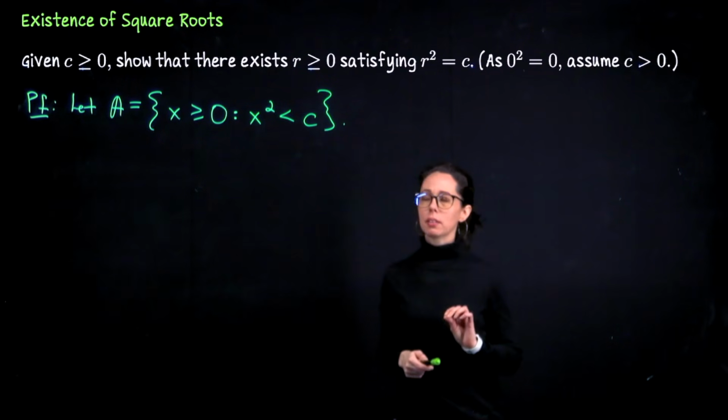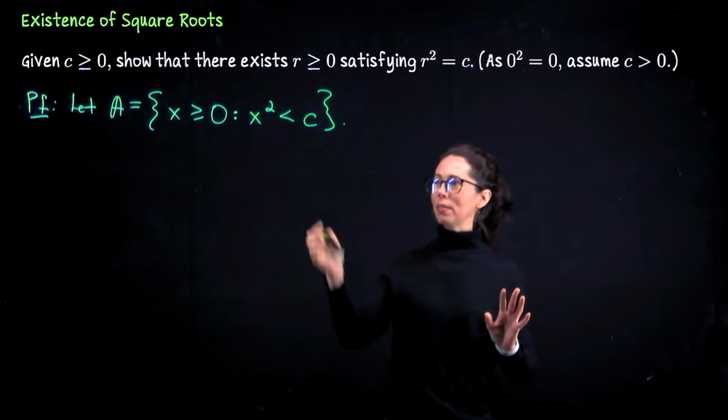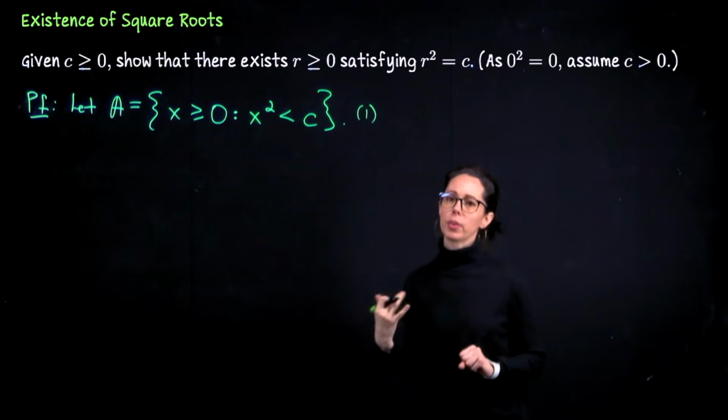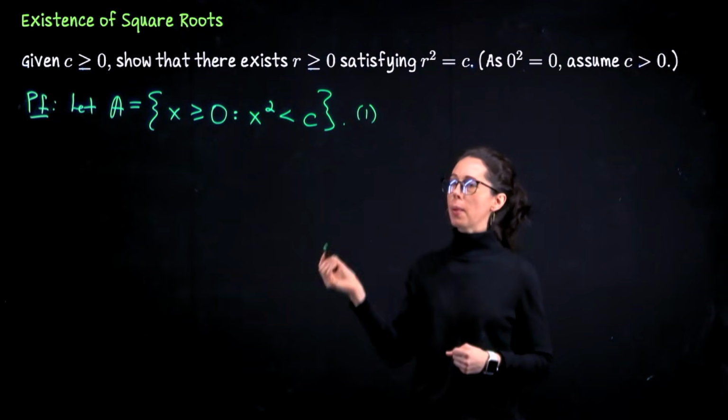Let me take a moment to justify to you that A is bounded above. Probably believe it right away just from this inequality, but at this stage in Real Analysis 1, it's useful to work through the details. We're really building up our understanding of the real number line. So our first result is that A is bounded above.